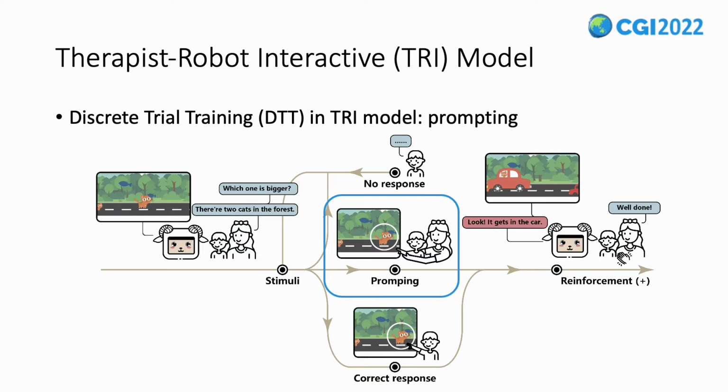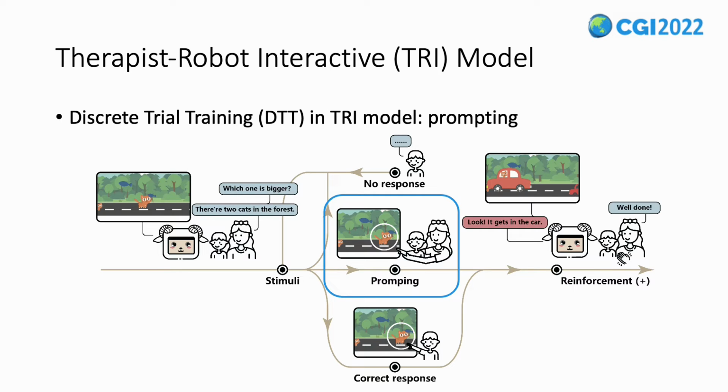Prompting is an effective practice to increase the acquisition and generalization of target skills or behavior for children with autism in traditional DTT. The therapists help the child respond correctly through verbal, gesture, or visual prompts, while during the robot-assisted trials, the robot can observe and analyze the child in real time. For example, the robot can monitor whether the child has selected the correct option on the robot screen.